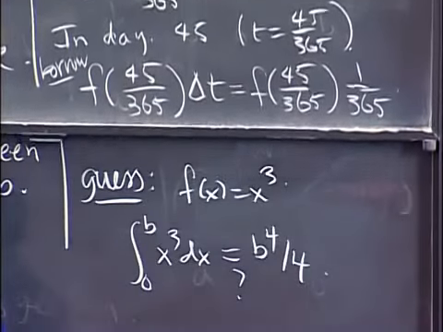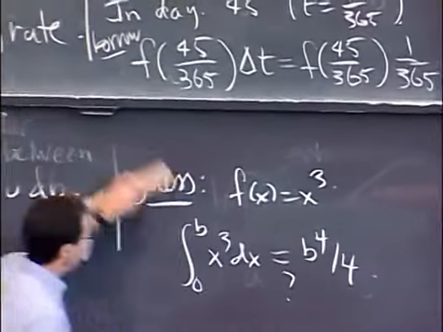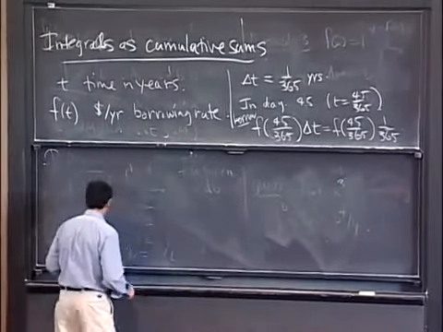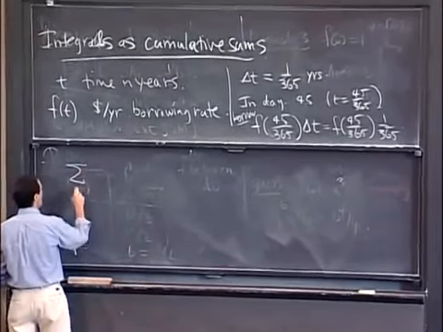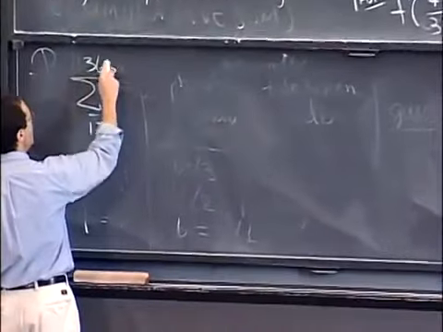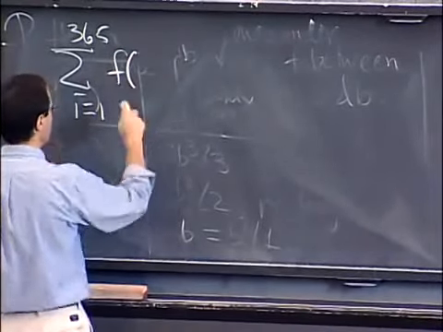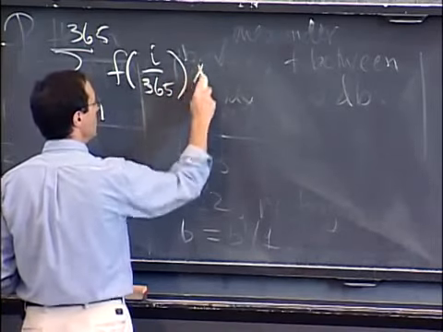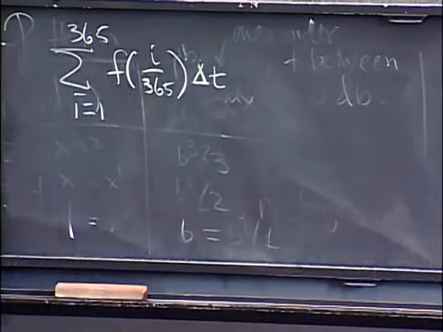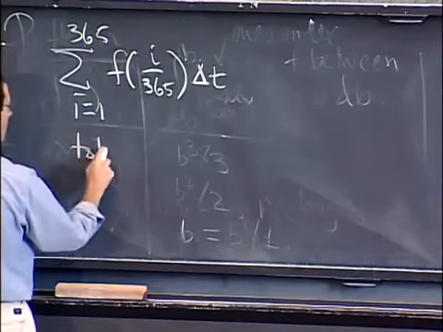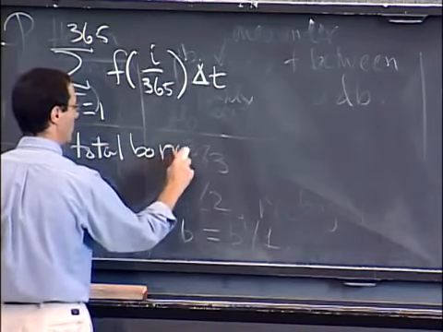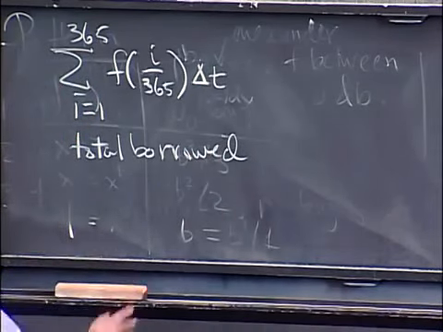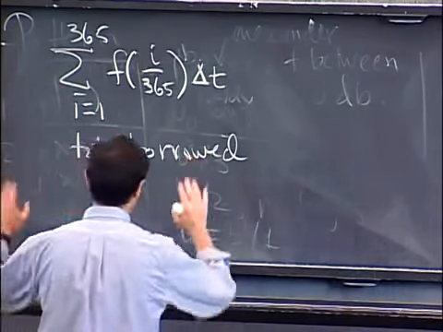And now, if I want to add up how much you've borrowed in the entire year, that's this sum, i equals 1 to 365 of f of i over 365 times this delta t, which I'll just leave as delta t here. This is the total amount borrowed. Now, this is kind of a messy sum. In fact, your bank probably will keep track of it, and they know how to do that.